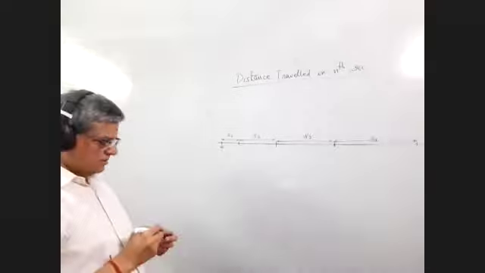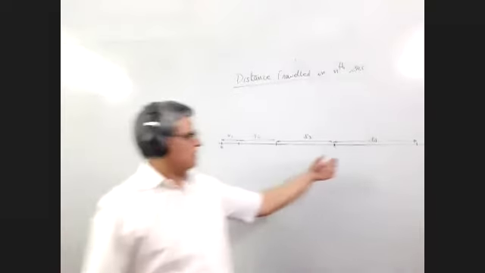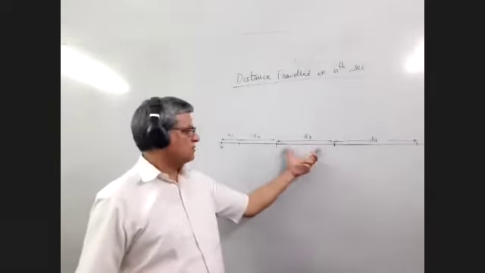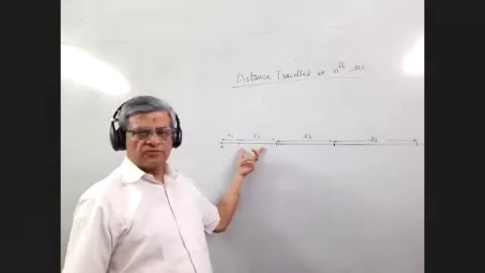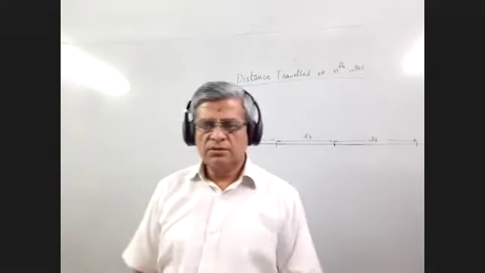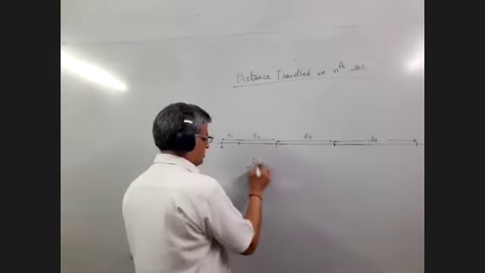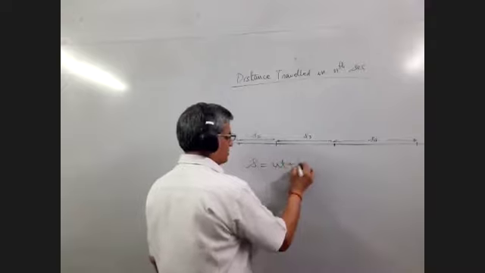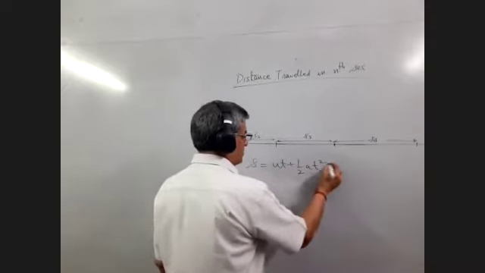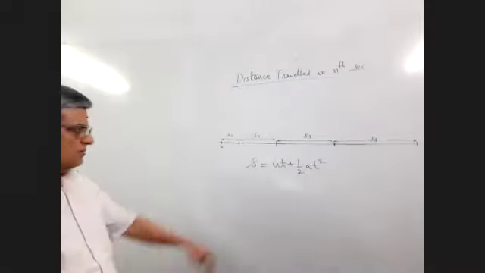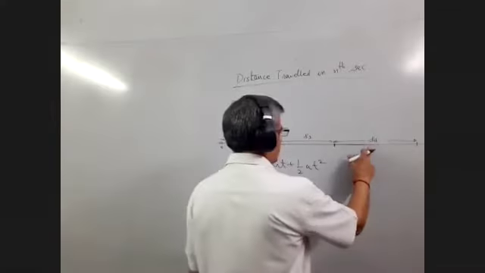So now the question is, how do we find how much is this, or how much is this, or how much is this? We can use a simple relation, that is the second equation of motion. S is equal to ut plus half at square. Suppose we want to find this.